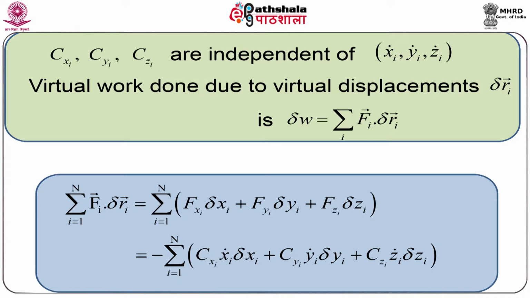If we substitute Fi vector as Fi vector equal to capital F suffix xi into i vector, capital F suffix yi into j vector plus capital F suffix zi into k vector, and in a similar fashion if we write delta Ri vector as delta xi into i vector plus delta yi into j vector plus delta zi into k vector, then taking the dot product we get the right hand side.